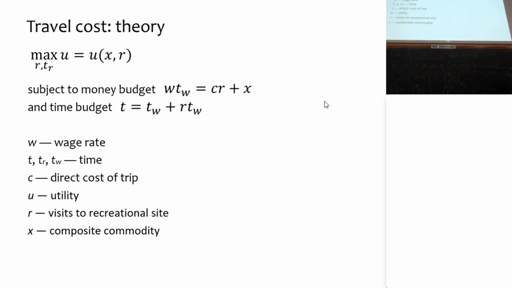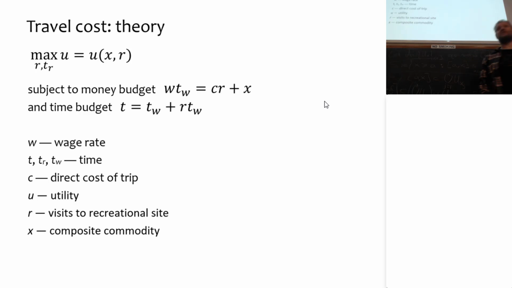And then that money can be spent, and it's a one period model, so we do away with investments. That can be spent on good X that has a price of 1 by assumption, and you can spend it on getting to the recreation site at a cost of C per trip, right? So that is your money budget.